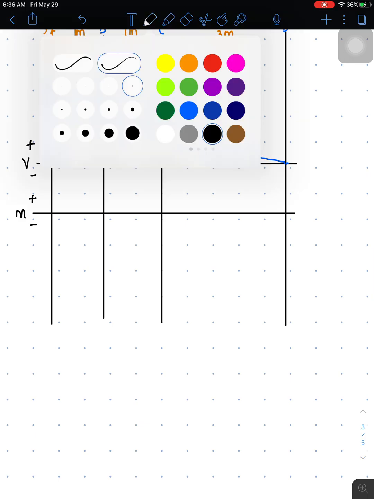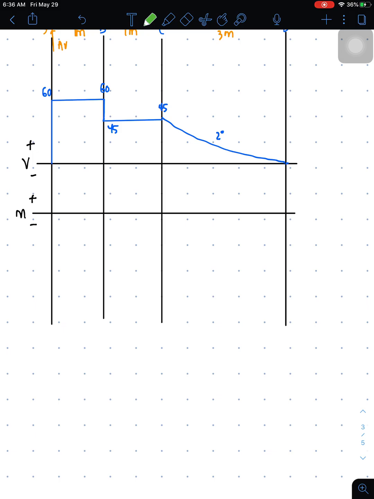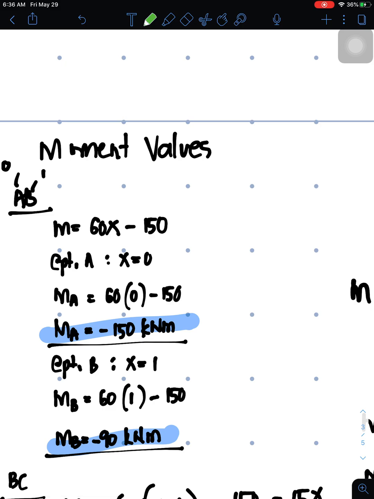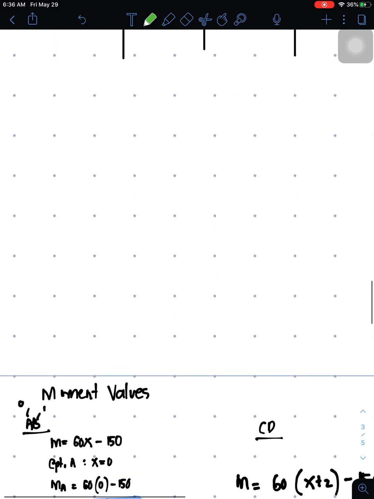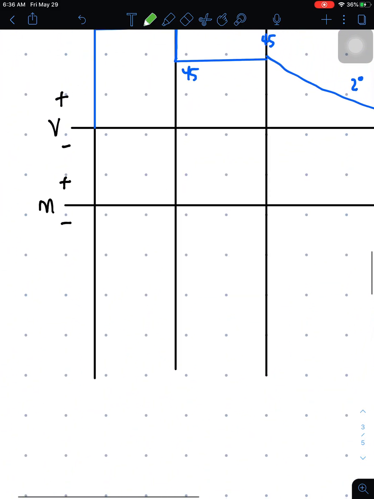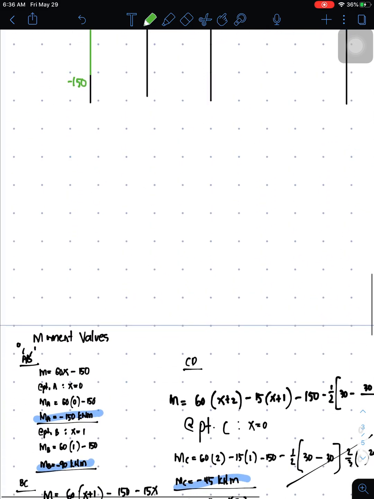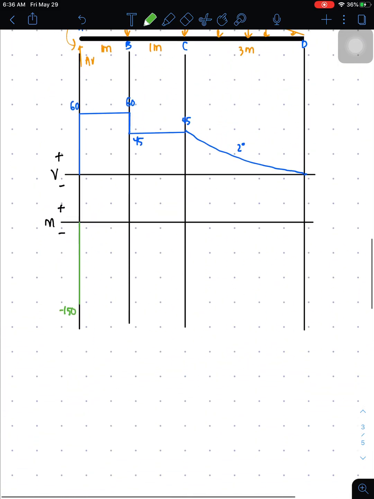Okay, so starting with AB. So moment A is negative 150, moment B is negative 90. So you have here I'll have negative 150 for A, and then for B it's negative 90.